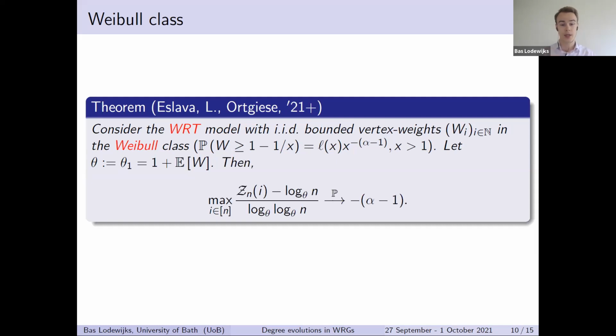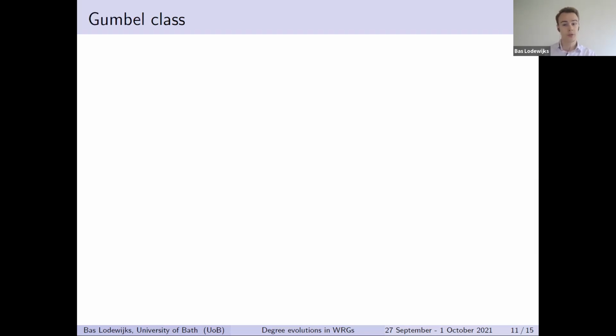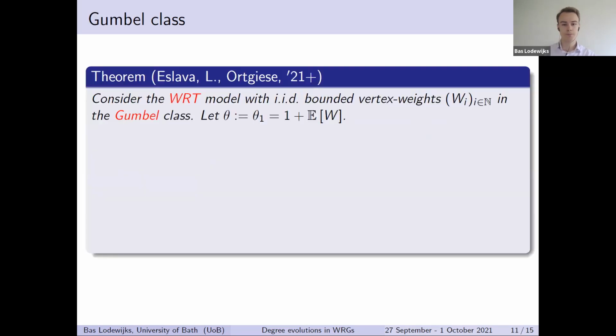We see a deterministic second order scaling of order log n, and it converges to a negative constant, minus alpha minus 1. So this indeed shows that the maximum degree grows slightly slower in this case. And we do expect a random third order similar to the atom class, but we haven't been able to prove that in generality.